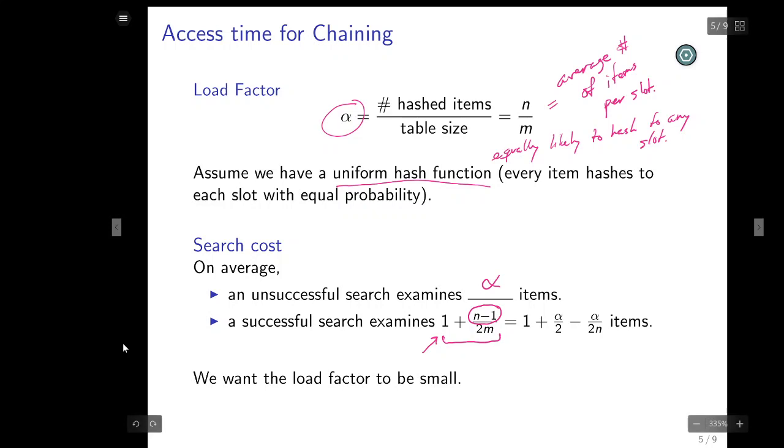So of the ones that ended up in your slot, which was n-1 over m, about half of them preceded the item that I was looking for. And so the cost is 1 plus half of n-1 over m, which turns out to be something like this in terms of alpha.